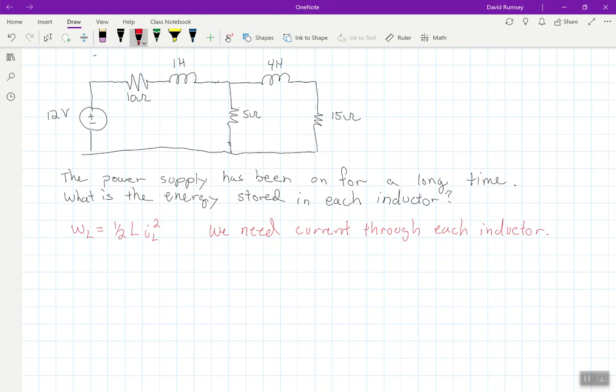Okay, but we also know, since the circuit has been on for a long time, we also know that the inductors behave as shorts.